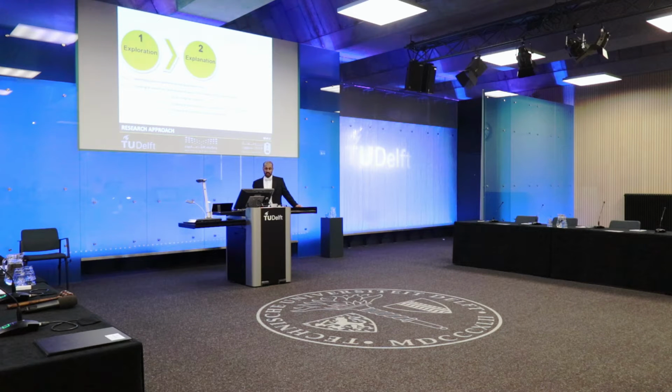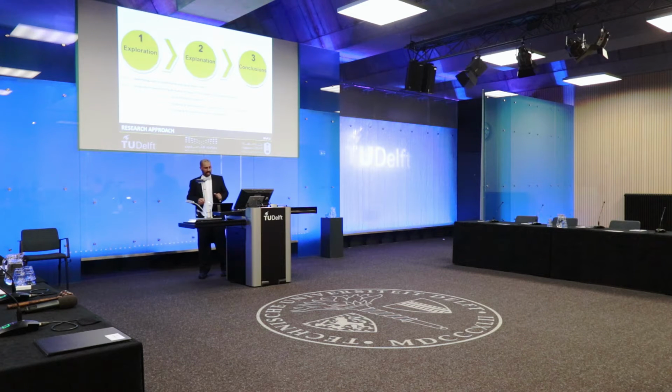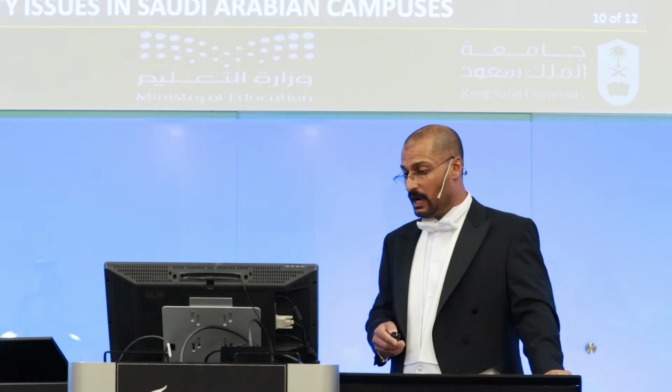So we propose planning guidelines, and then the last phase is the conclusion, where I draw the main lessons and also propose the approach for universities to become more sustainable.